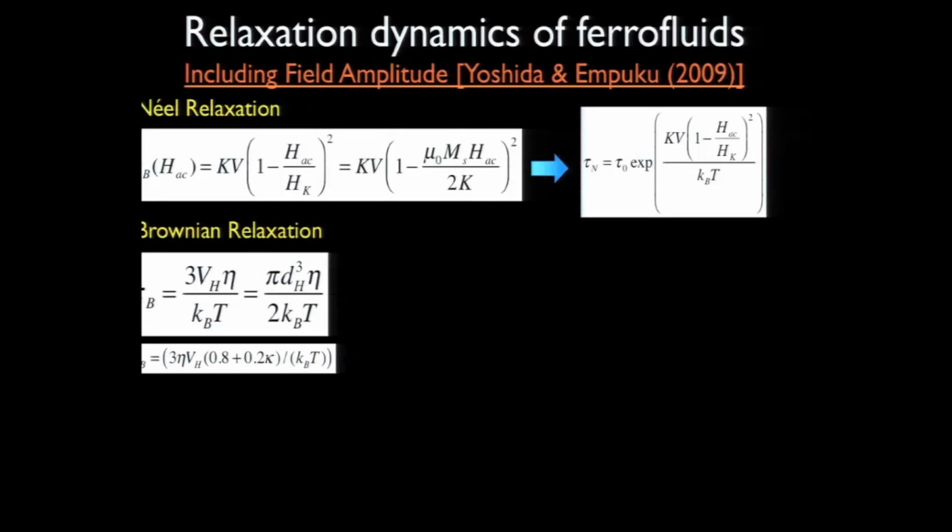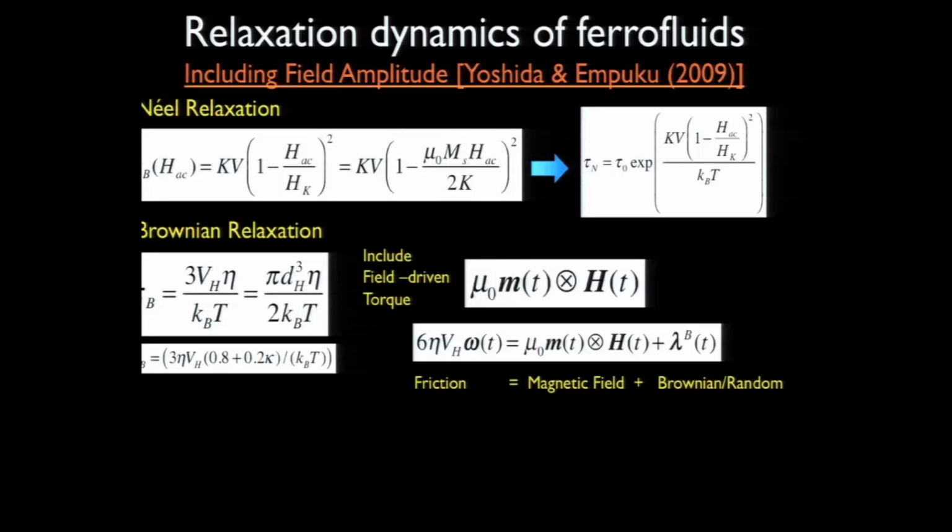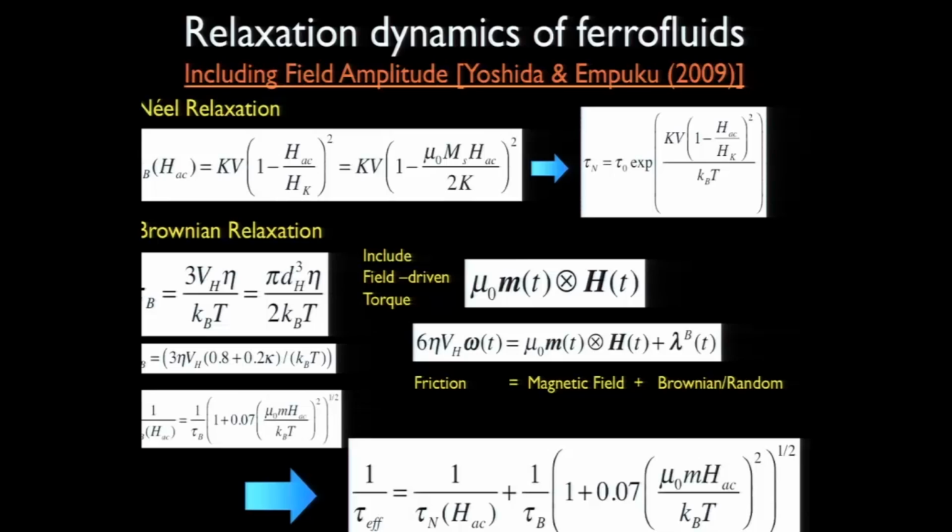If you now look at the Brownian relaxation, this was the original very simple term without the field. Now you can look at this in a very simple model put forth by Yoshida, which gives you a very physical understanding, because now you have a torque that is coming not only but also from the external field, which helps in the rotation. So you have to write a torque balance equation, and it gives you two terms.